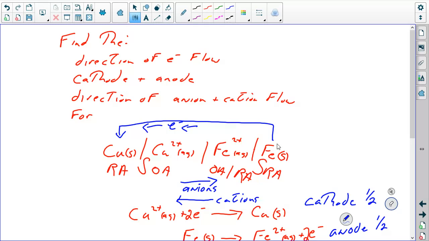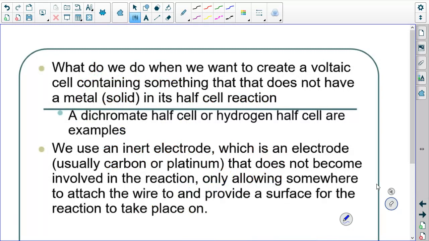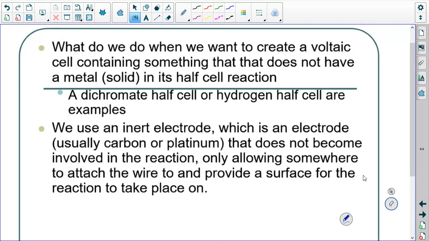Now, what happens when we have something that does not have a metal in its half reaction? The dichromate or the hydrogen half cell.